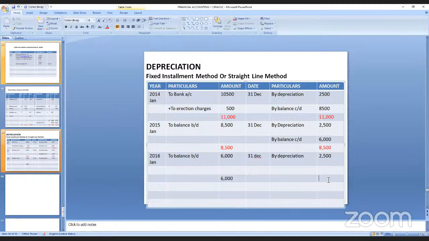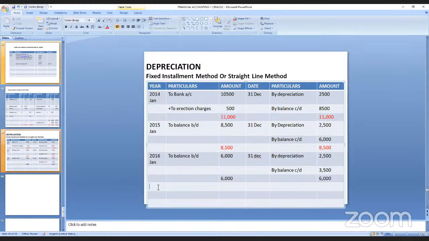Here also 6,000. What is the balance? By balance carried down. What is the balance amount? Yes, very good. It is 3,500.